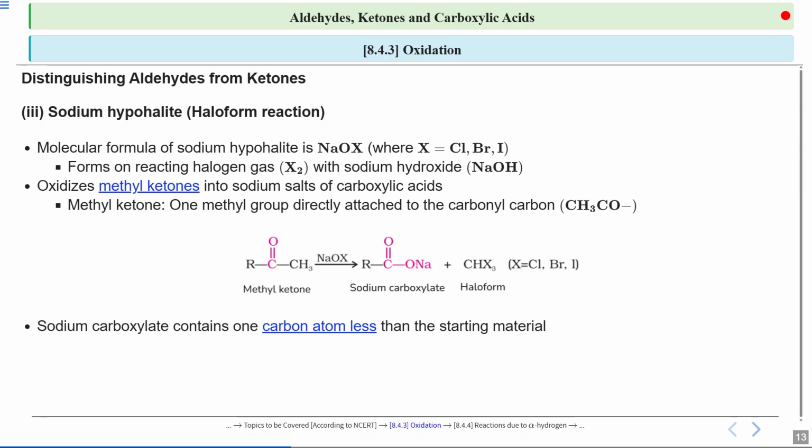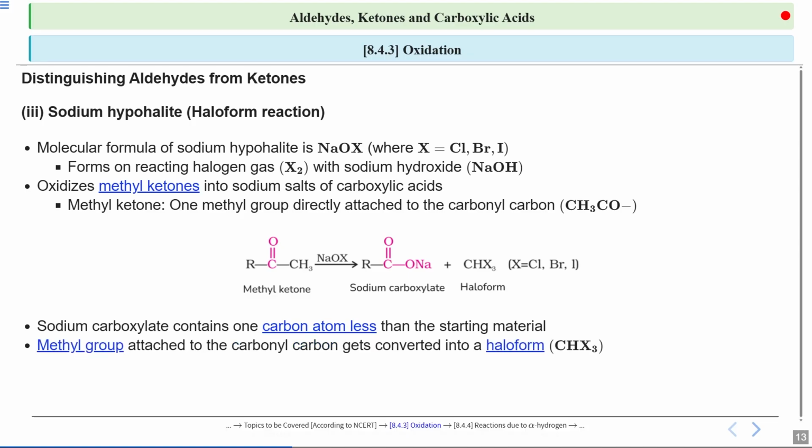The methyl group attached to the carbonyl carbon is converted into the haloform. So this CH3 gets converted into CHX3, and you get a sodium carboxylate.